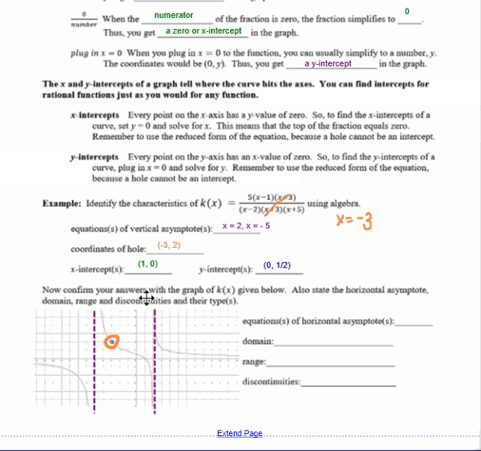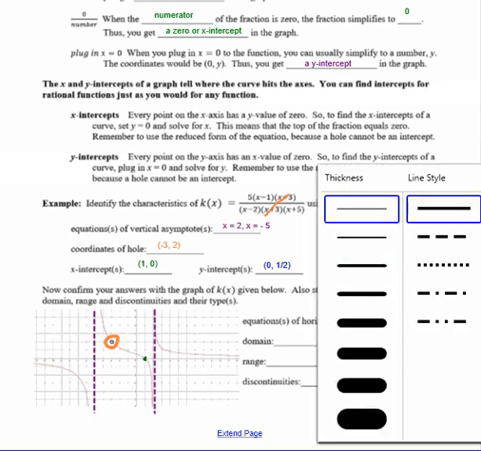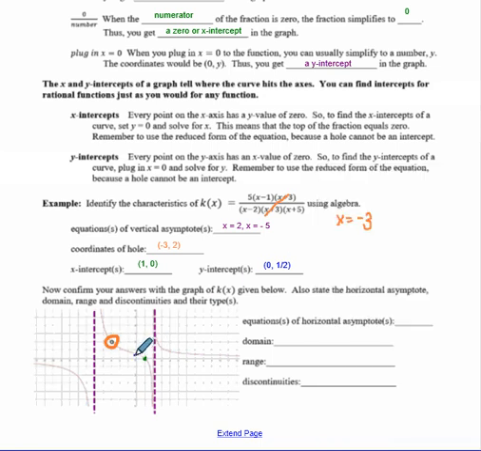We're going to look for an x-intercept located here at 1, 0. And then we're going to look for our y-intercept to be located at 0, 1/2, which is about here. So we have in fact verified all of those characteristics in this picture that we've been given.